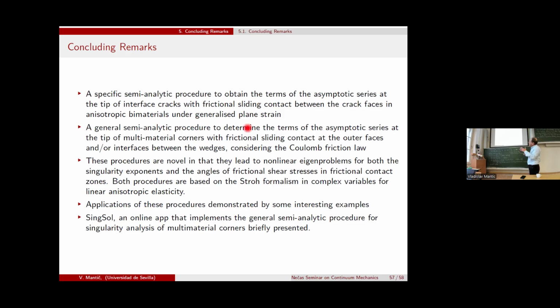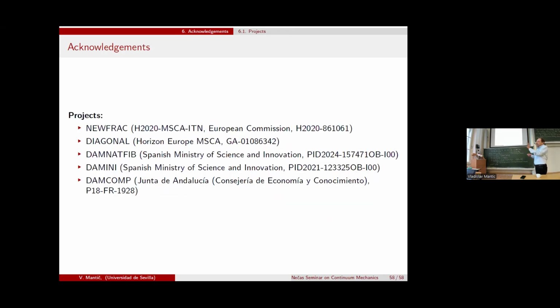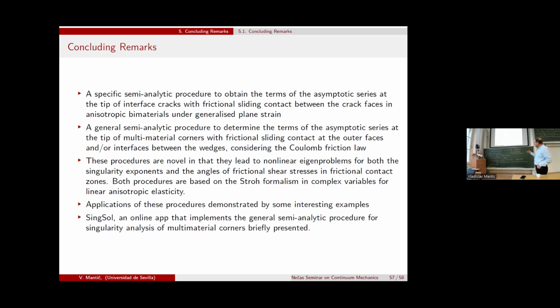Then I showed you a general semi-analytical procedure to determine the terms of the asymptotic expansion in multi-material corners, with great variability of boundary and interface conditions. Both procedures use Stroh formalism and lead to a nonlinear eigenproblem. Of course, the first one is much simpler, but we obtain a very good agreement between both.